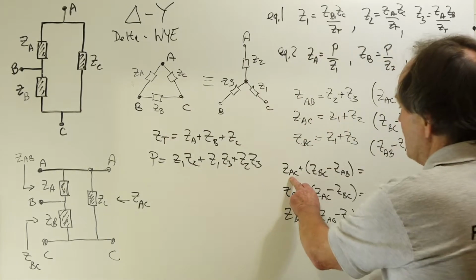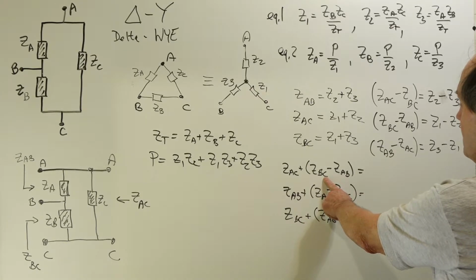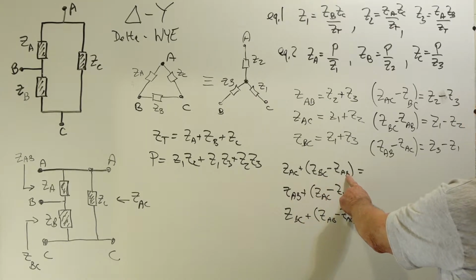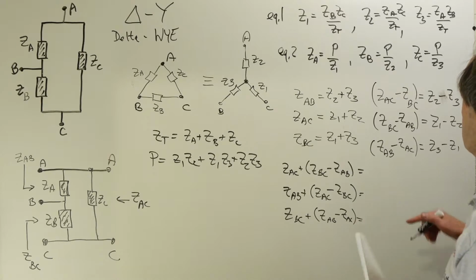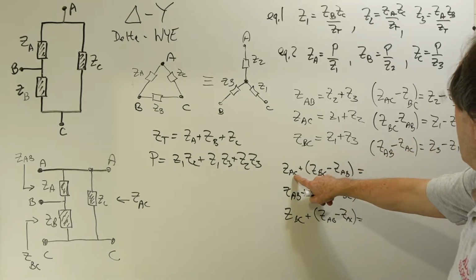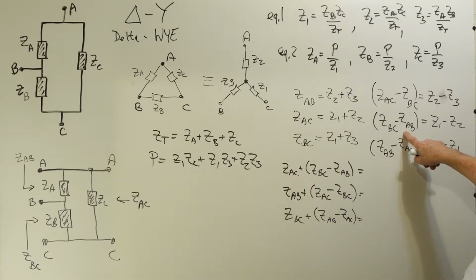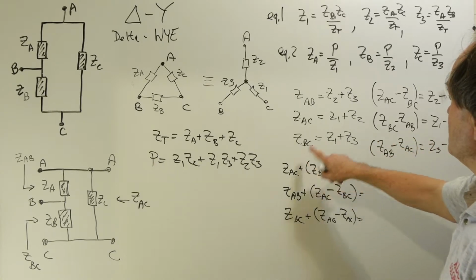So to ZAC, I'm going to add BC minus AB. That is this equation here. What's ZAC?